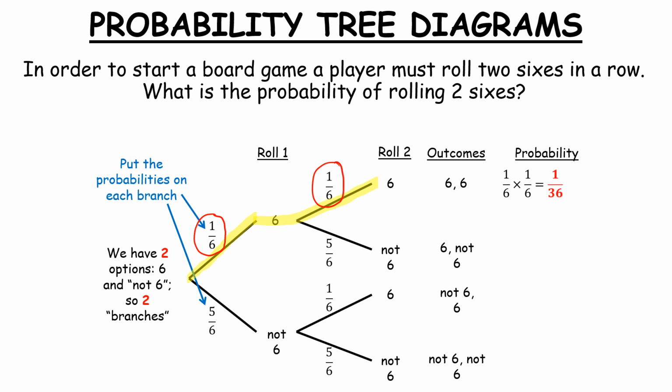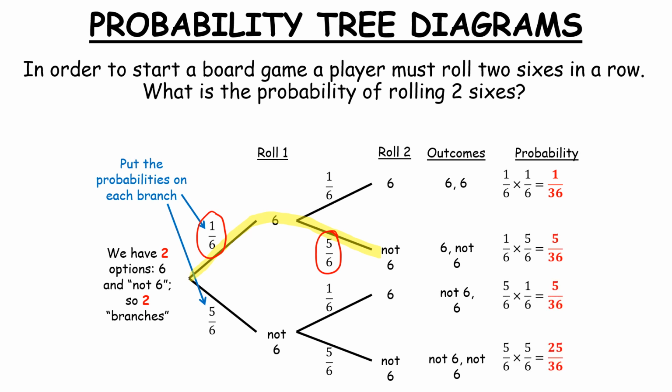If we then think about the probability of rolling a 6 and then not a 6, again, we follow our branches. We follow through to here. We have the probability of getting a 6 and the probability of not getting a 6. So this will give us a 1 in 6 chance multiplied by a 5 in 6 chance.